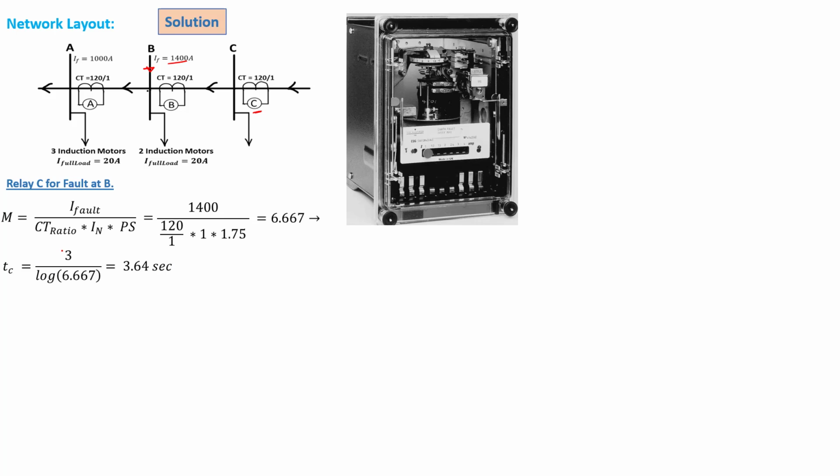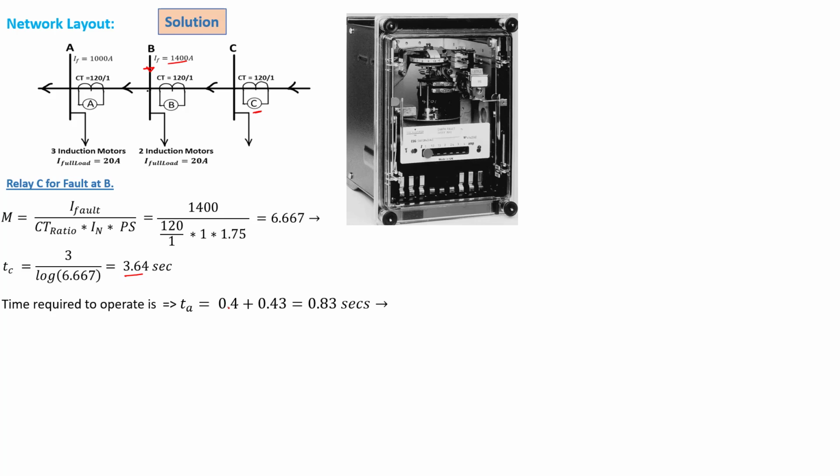So the TC will then be 3 over log M, so that is 3.64 seconds. Then we can calculate the time required for this relay to operate, TA, plus the operating time for this relay B here.